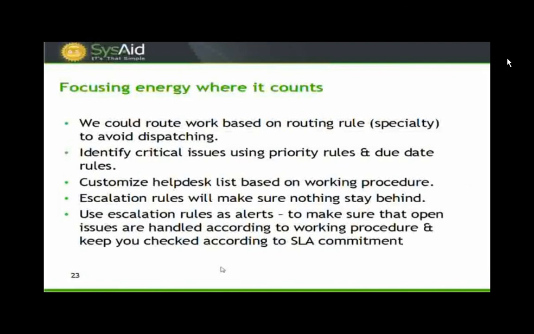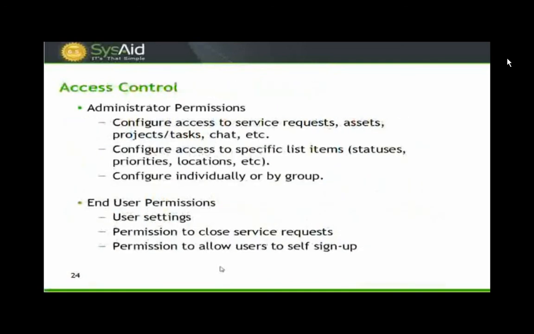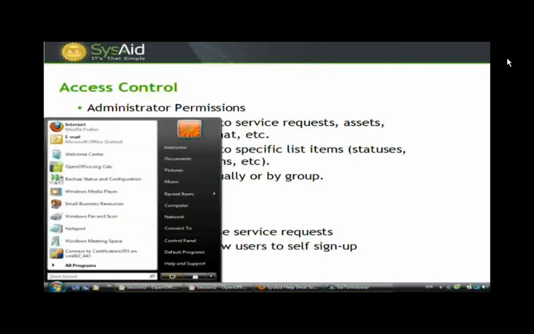Okay guys, so I think that by now you know that a good investment is working procedure. Guys, a key, basic foundation stone in SysAid, and in implementing any working procedure, is permission. SysAid permission is based on administrator permission and end user permission.